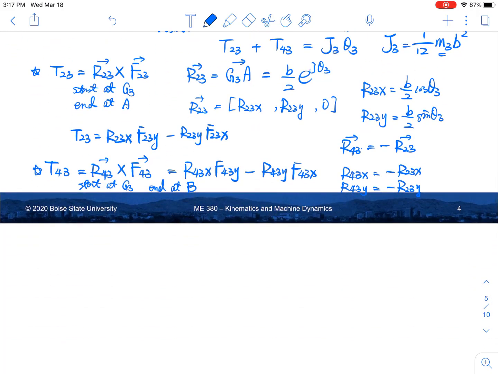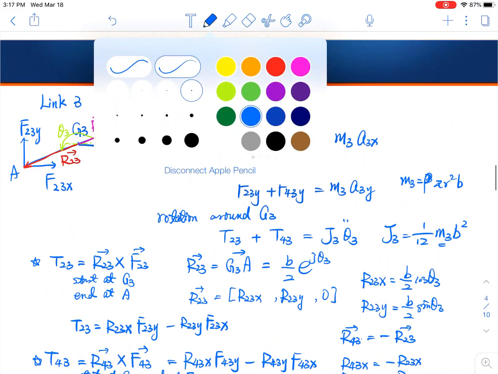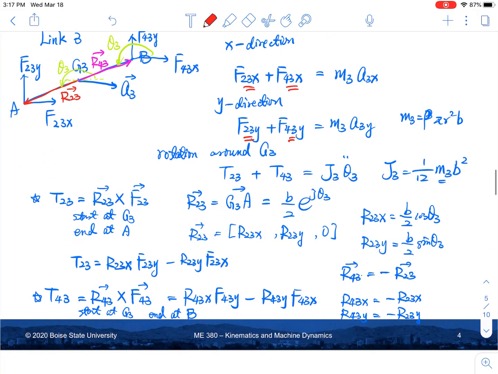Okay? So up to this point, let's find all the unknowns in the equation. We don't know the reaction forces. The T23 and T43 are unknown, but they can be written in terms of these unknown forces. Okay? All the things on the right-hand side are already known.